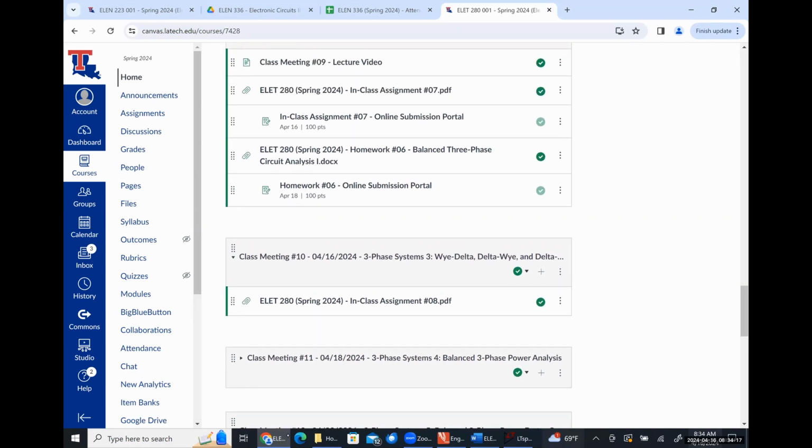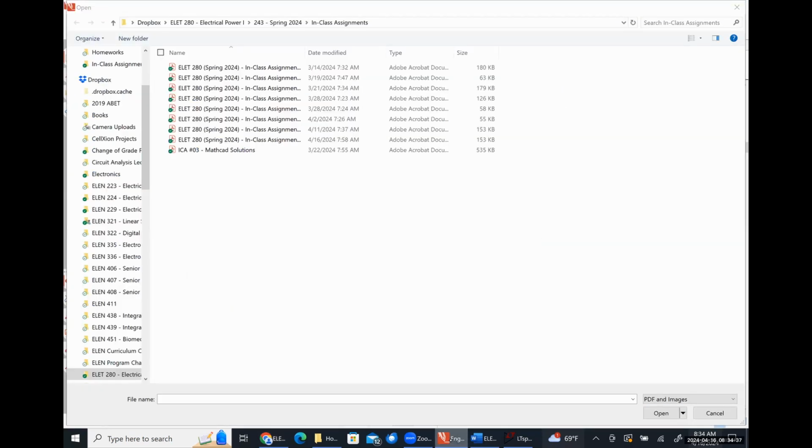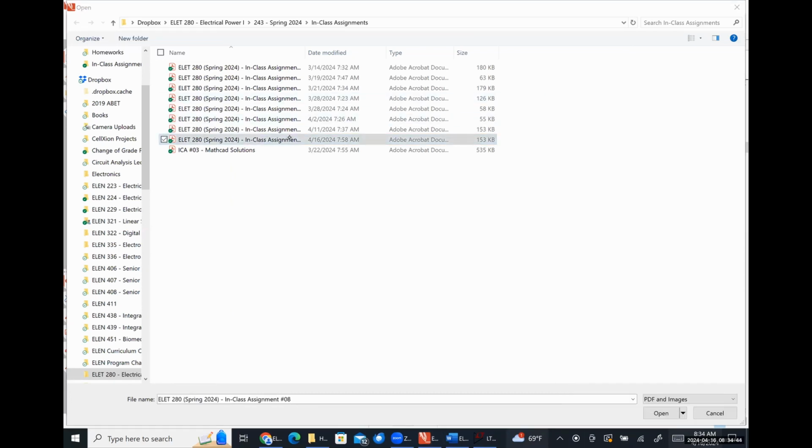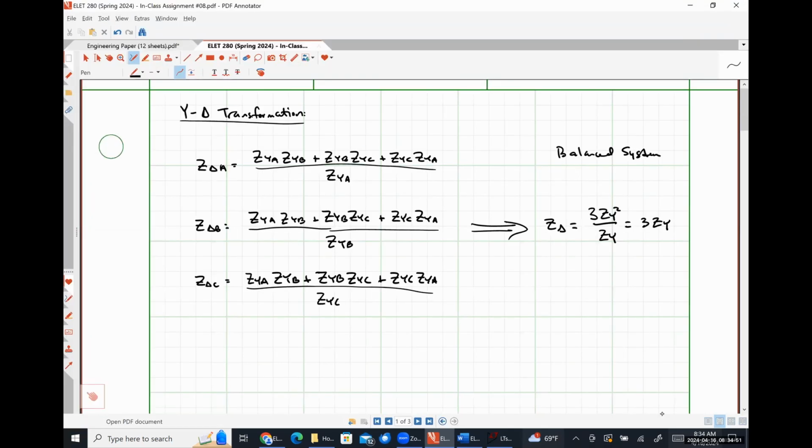Yeah, it's totally there. Says it's published and everything, so you might need to refresh your page. This is ELET 280, right? Okay. And there we go.